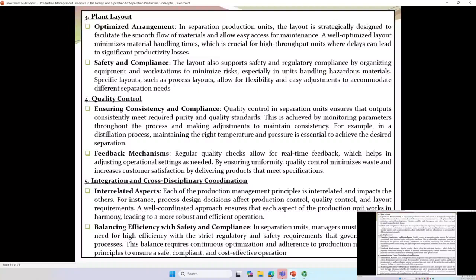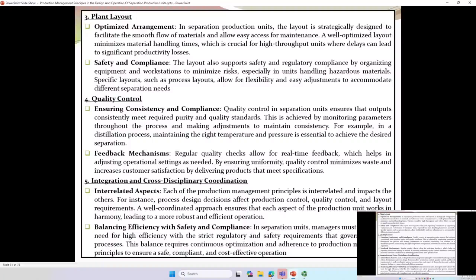But a wise cleaner will start from here until he gets to the end and finishes everything, right? Is that clear? That's one example of layout.